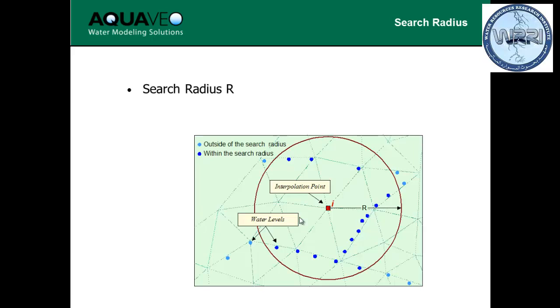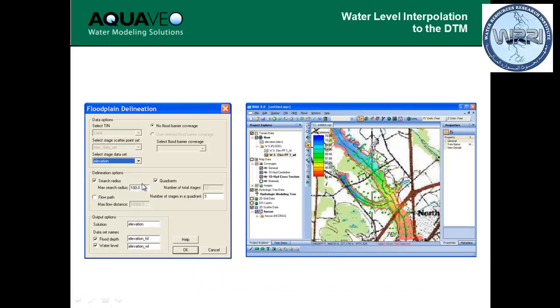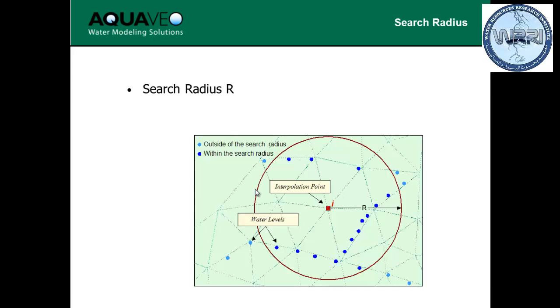The radius you define is the radius that WMS is going to use to search. Here in this window I've entered a radius of 100. That means WMS is going to search for each point on my tin, on my elevation data set, using a 100 meter radius search area to find water surface elevations within that 100 meters.